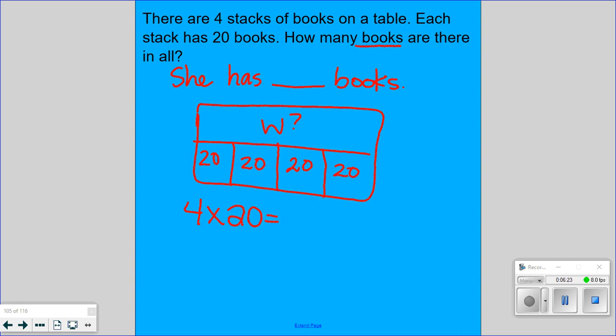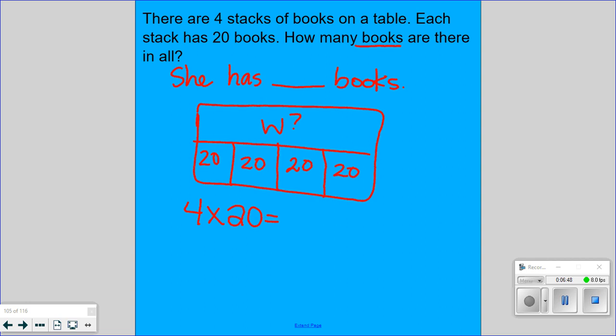I've got an equation. How am I going to solve that? Because we have talked about 4s, so I could use my 4 strategies. But 20? Yikes, that's big. Could I draw those dots?